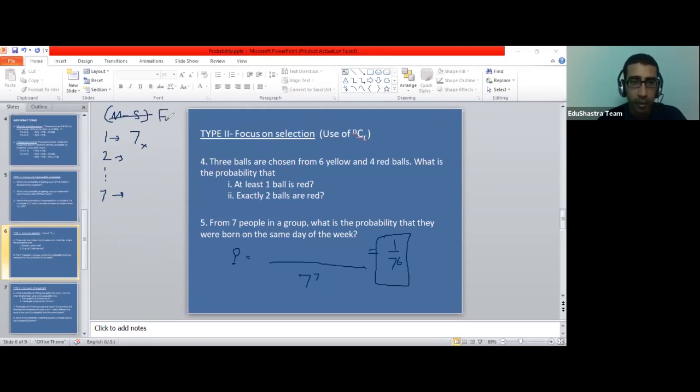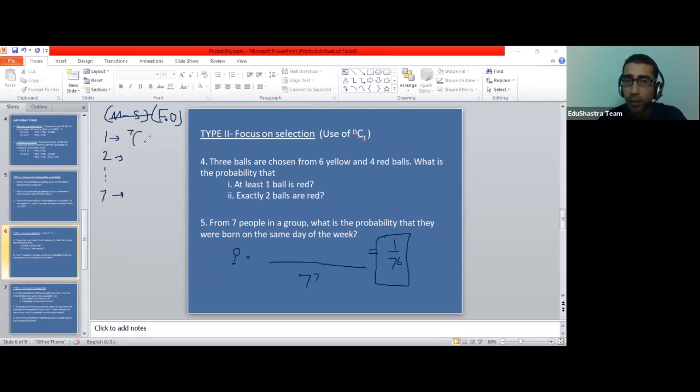Favorable outcomes would be, if we are considering the birthday of the first person, for the favorable outcome, the first one has all 7 options. He or she could have been born on any day from Monday to Sunday.